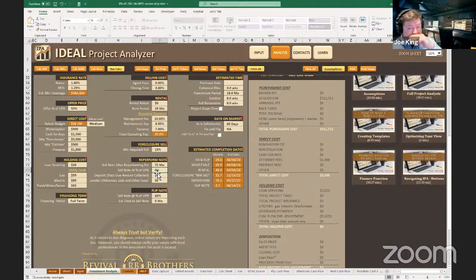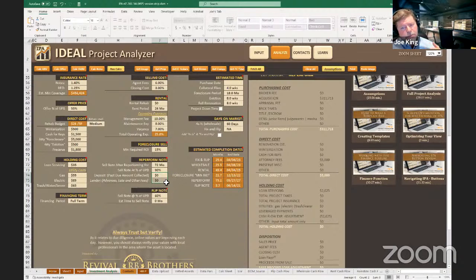And when we sell this note, we're going to have it seasoned, and because it's seasoned, we're going to sell this note performing at 90% of UPV, because that's pretty much the going rate right now. Now, if there were any deposits or past due amounts collected, or lender advances or anything like that, we can put that information here, which would also add to how much we sell it for and what our specific return would be.